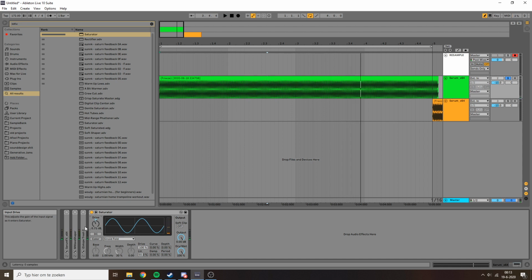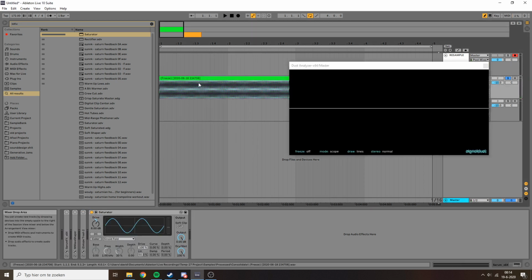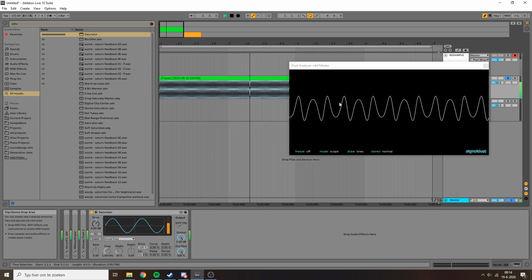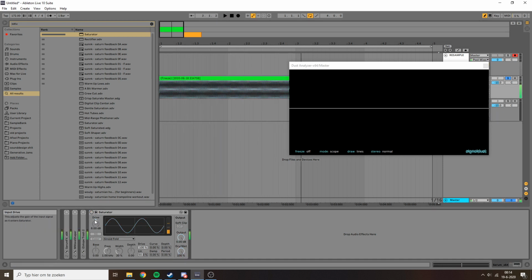And you can hear how it sounds almost like it's pitch shifting one octave higher when I turn it up. You can even look at what it does exactly. Yeah, it's very close to being one octave up. It's not quite, but it's close enough to fool you like that.